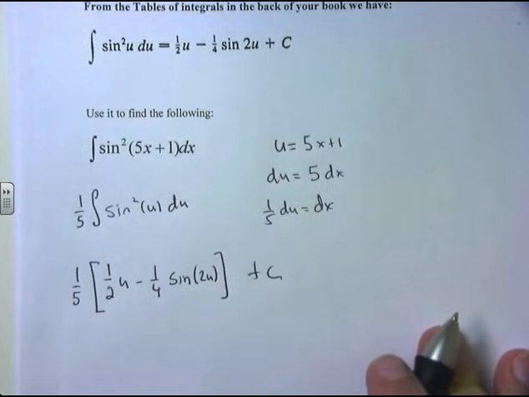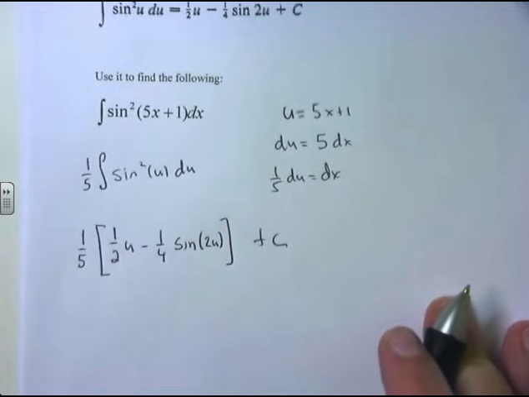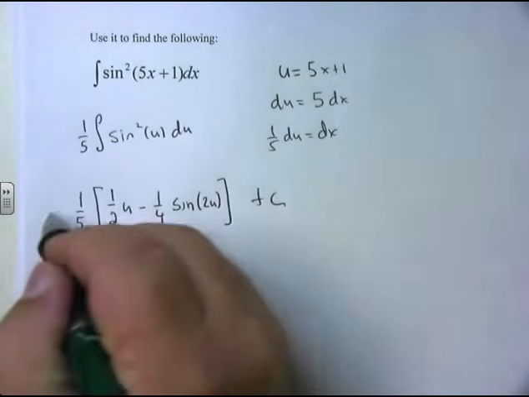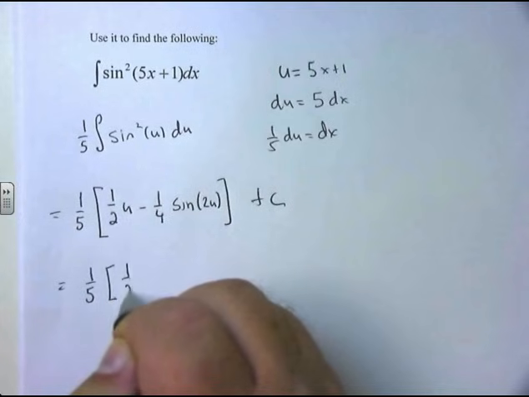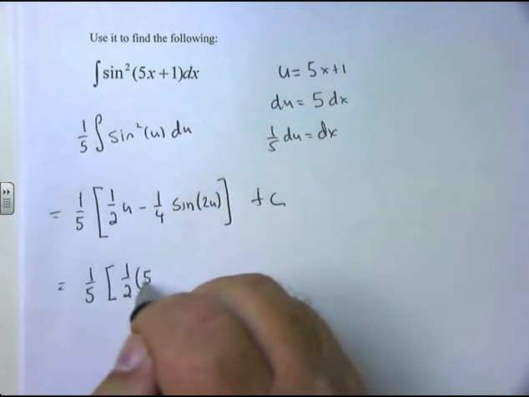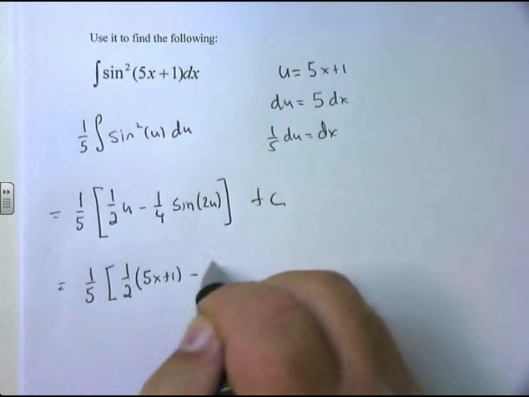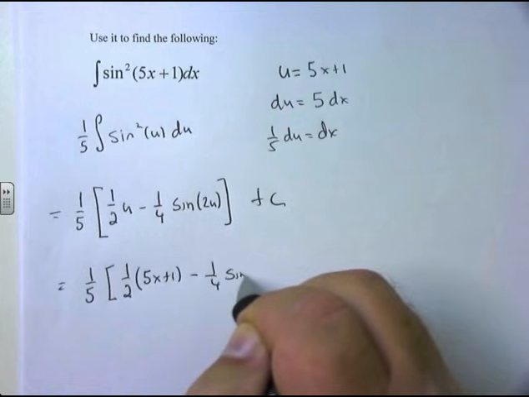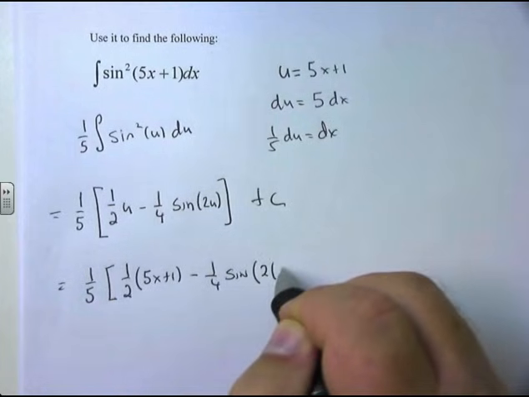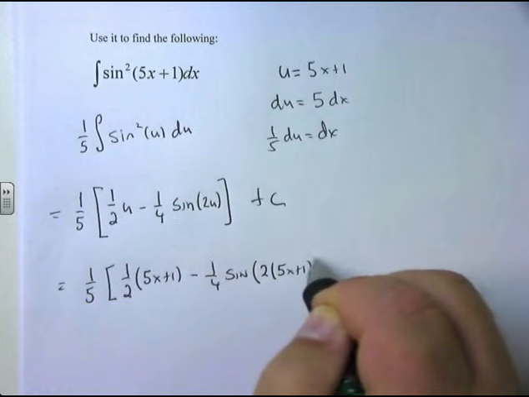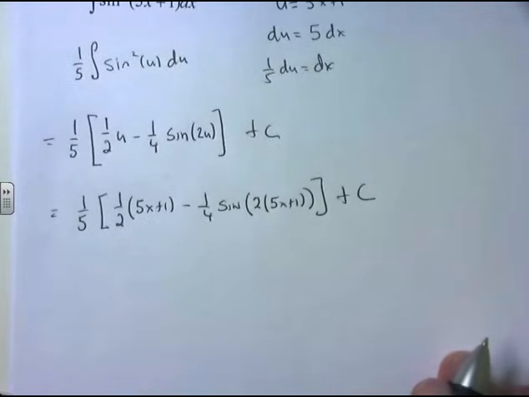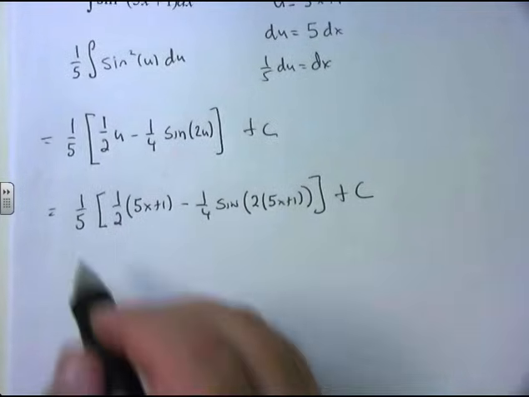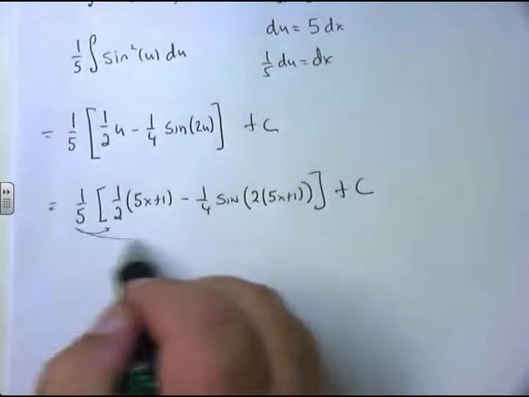And then, of course, just like with standard u substitution, because this thing doesn't have bounds, I'm going to back substitute: 1/5 times 1/2 of u, and we let u be 5x plus 1, minus 1/4 the sine of 2 times u, 2 times 5x plus 1, plus c. And the only other thing I could do to clean this guy up would be distribute my constant.